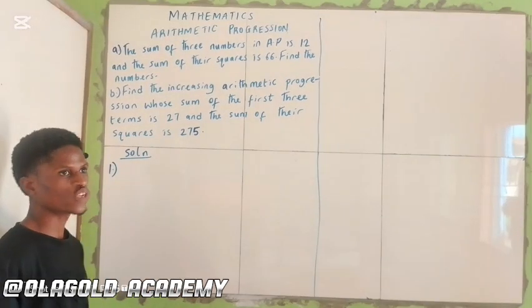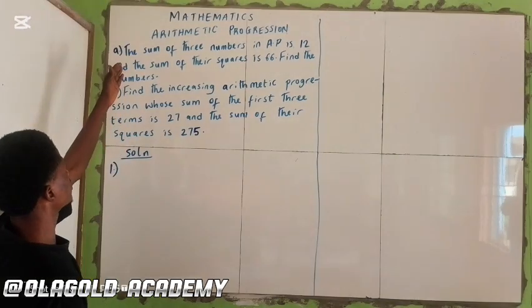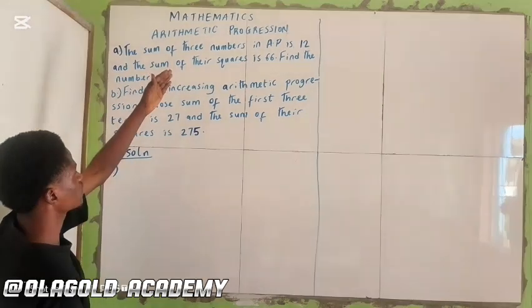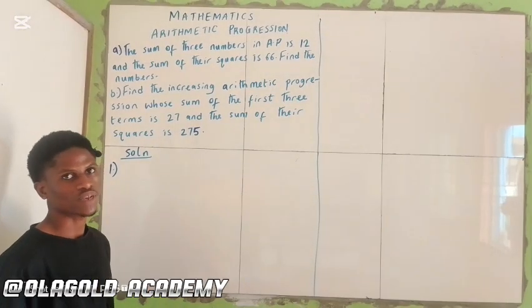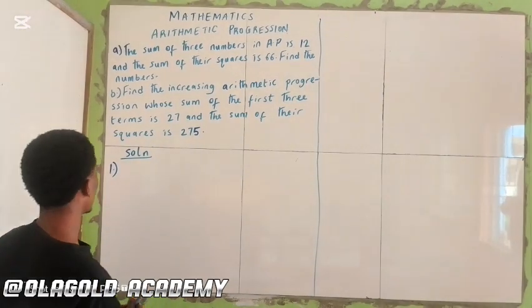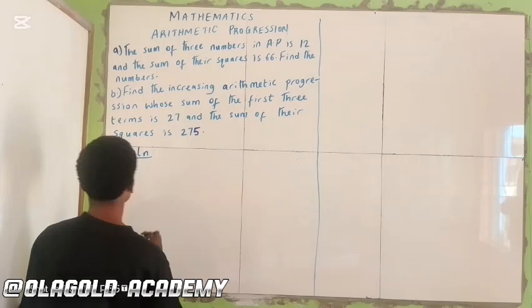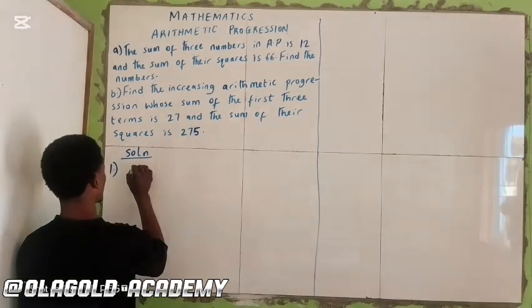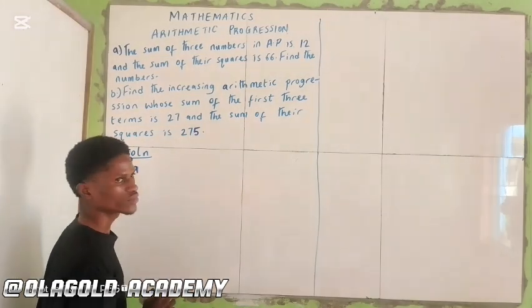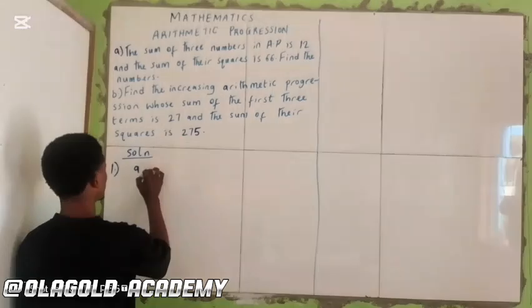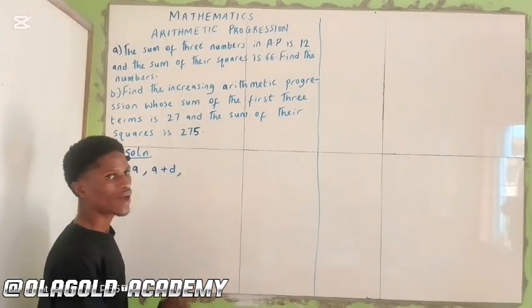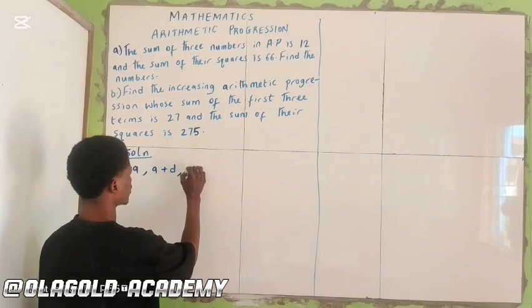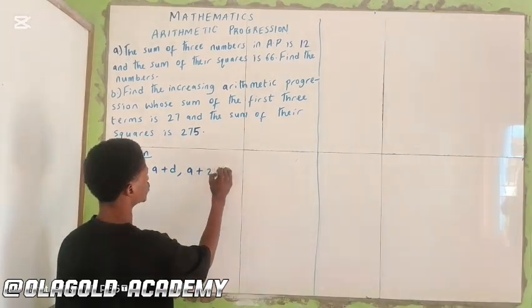We are told from the question that the sum of three numbers is equal to 12. Now, what are those three numbers? Let's say the first term is A, the second term is A plus D, and the third term is A plus 2D.